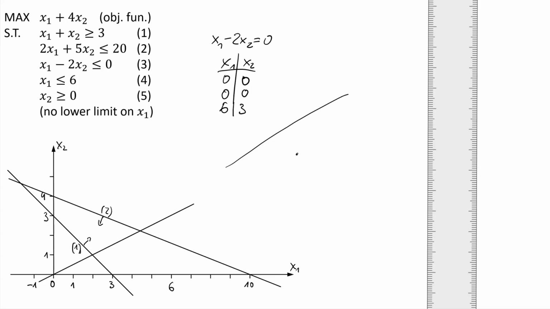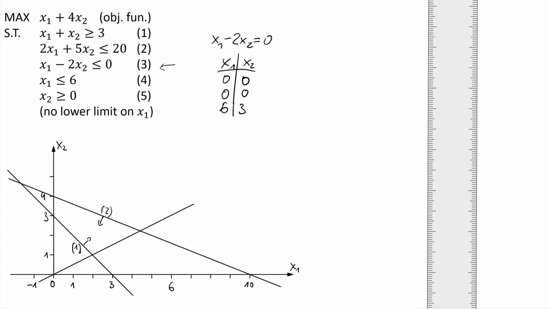Say I test a point here, and if I find it is feasible, that means all points on this side must be feasible, so that's the feasible side. If, however, I find out that this point is not feasible, then that means the other side is the feasible side. Right? So let's do this for constraint number 3, x1 minus 2x2 less than or equal to 0.